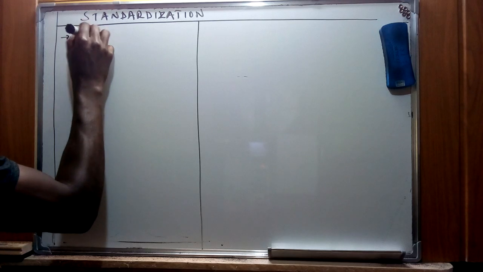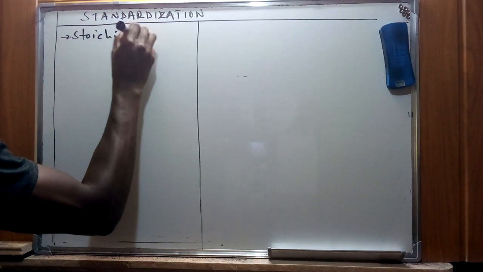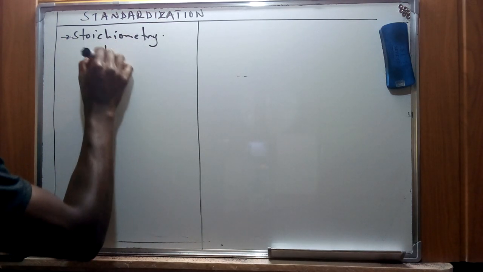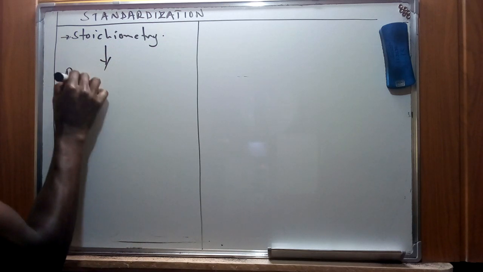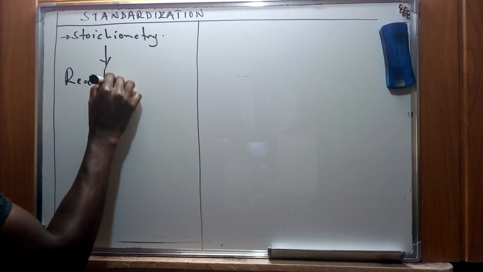In trying to find out what this specific process of standardization entails, it is going to be of essence for us to connect the relationship with the stoichiometric equation, or stoichiometry, which will assist us to know the reacting mole ratios or volumes.